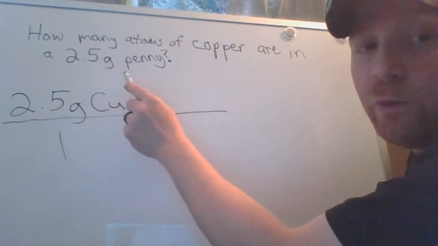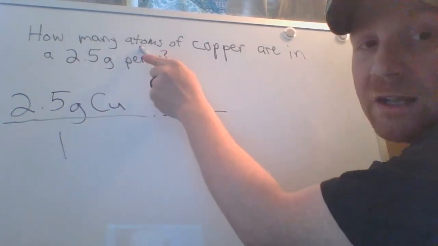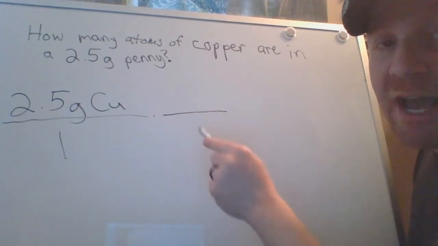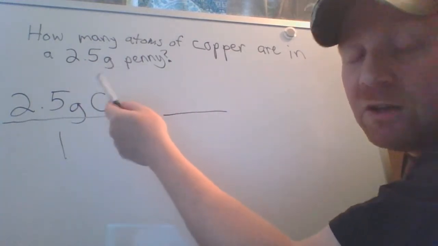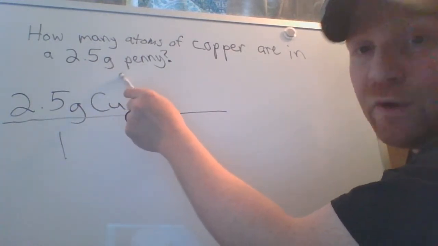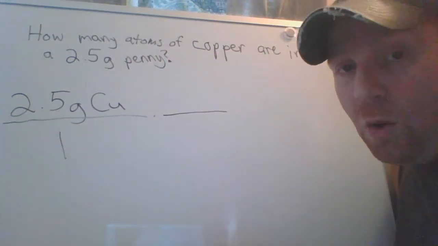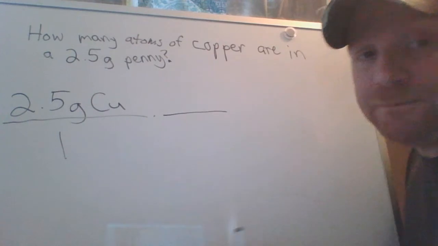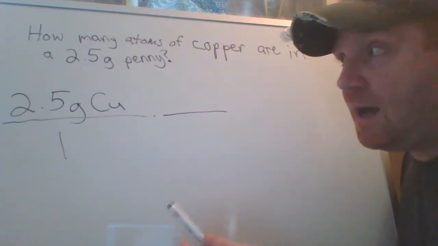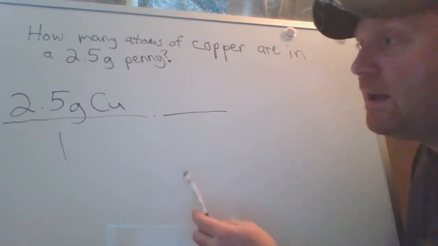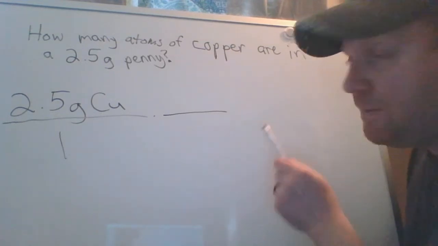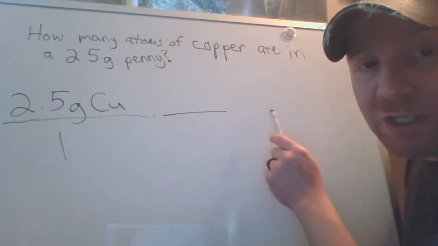We cannot go from grams directly to atoms in one step. Every chemical, every substance has a different molar mass. So what you have to do is go through moles because it's an amount, 6.022 times 10 to the 23rd units. So what I'm going to do is put everything together. This is going to be a multi-step solution.